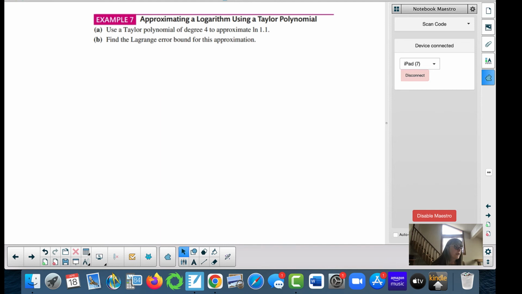Or we could use that x is 0.1 and c equals 0, but instead of using natural log of x, we would use natural log of x plus 1 as our f of x.